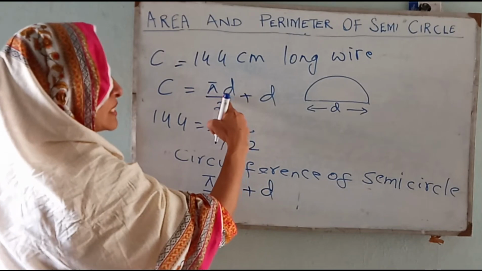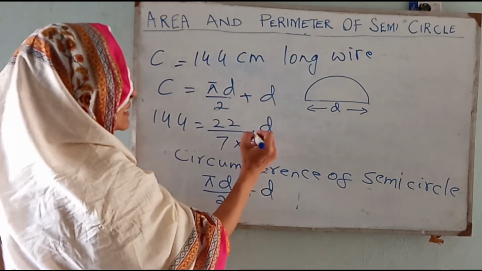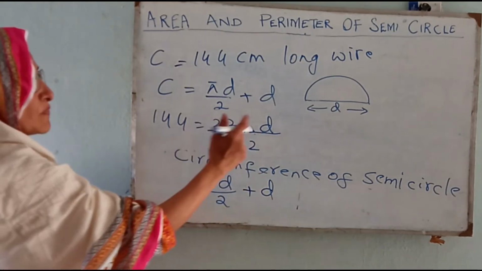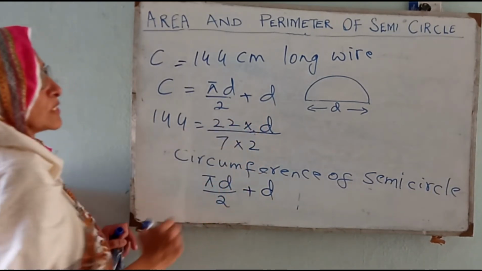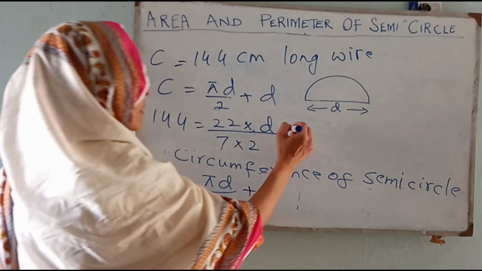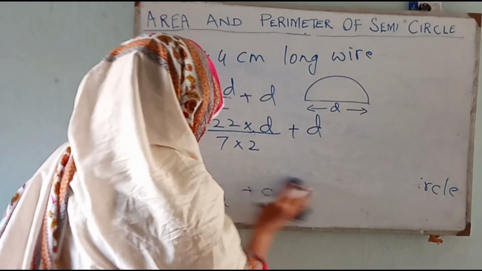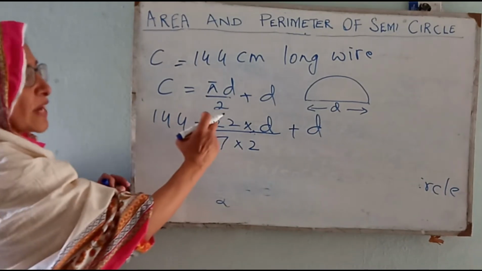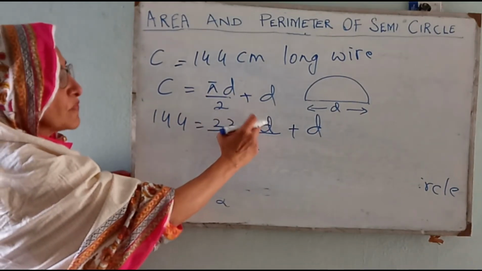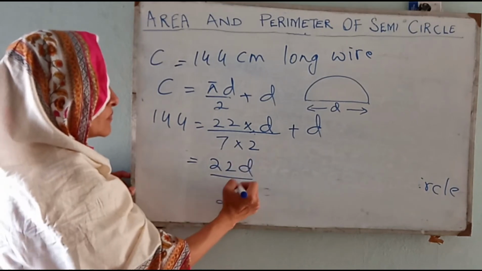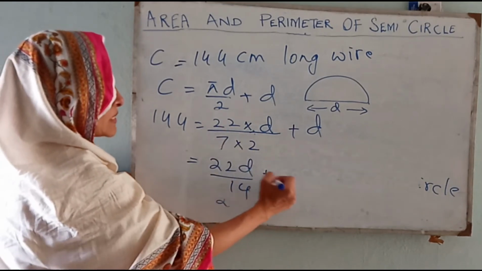And for the d, we don't know the value of d, so it comes as it is in the numerator, multiplying with this 22, plus d. Now we multiply the numerator with the numerator, so it will be 22d over 7 twos are 14, plus d.